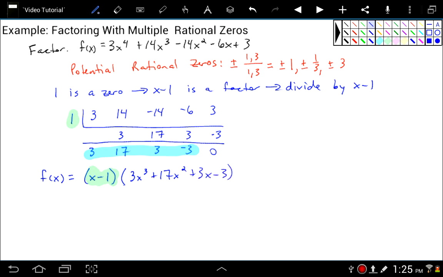And now I need to factor this. So in order to do that, I try standard techniques first. There's no GCF, grouping's not going to work. You can try it because there's 4 terms, but I'm telling you it won't work. So again, you have to find potential rational zeros.